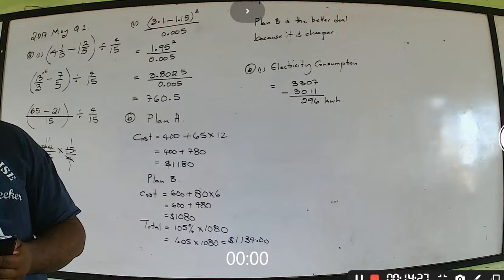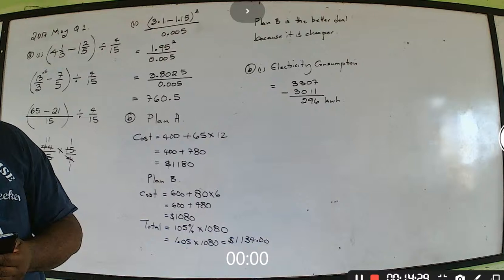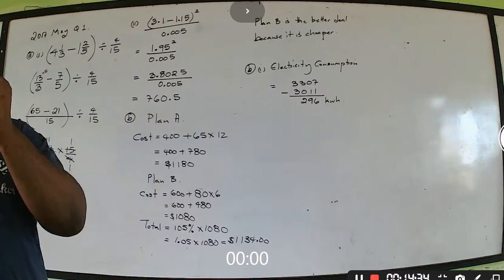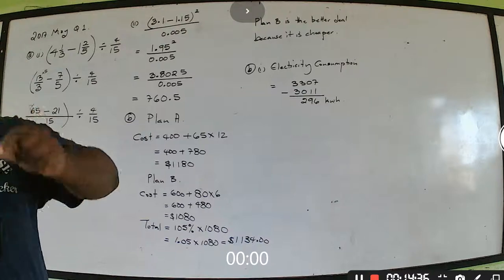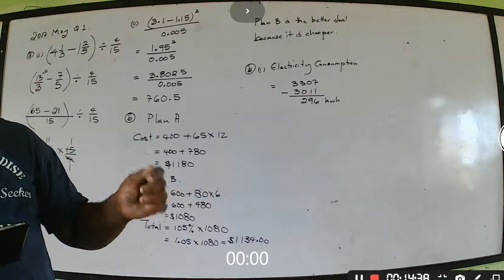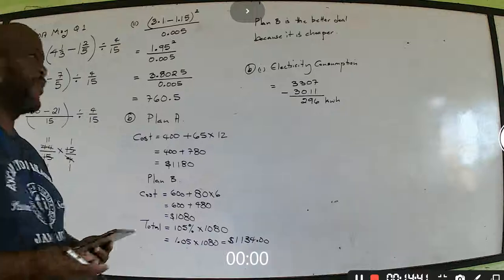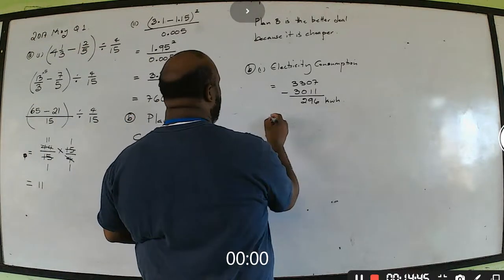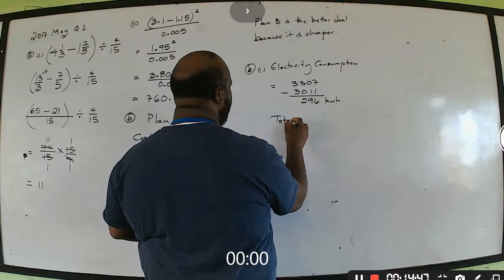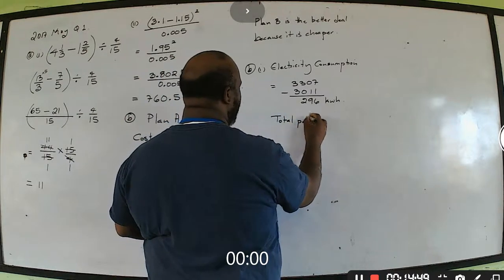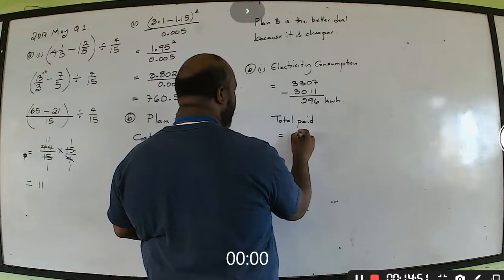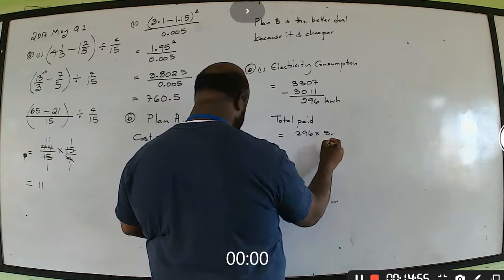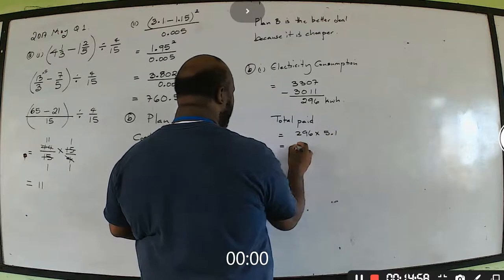How much does he pay for one kilowatt hour? And we already declared that if I know the cost of one, I can find out the cost of any other amount by multiplying. Total pay would be equal to 296 times $5.10. Multiply, what did you get?